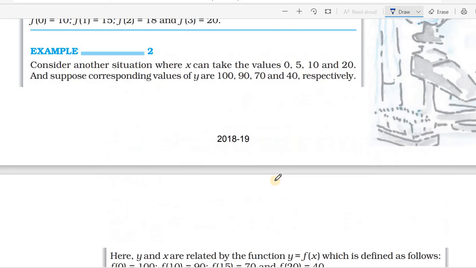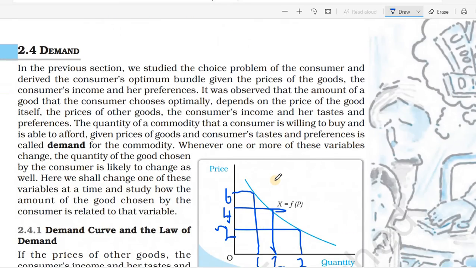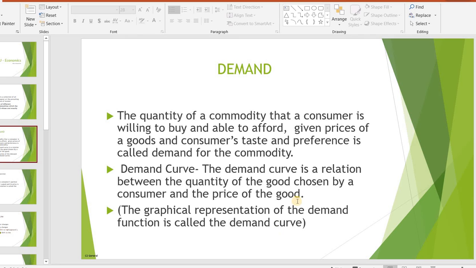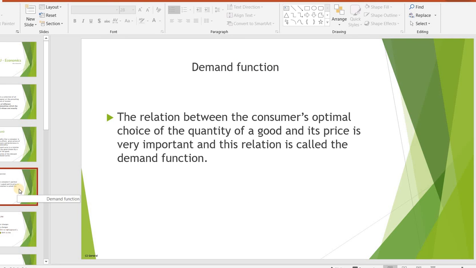We have two types of relation: increasing relation and decreasing relation. Here this is the demand curve. It is the graphical representation of the demand function. Then what is the demand function?